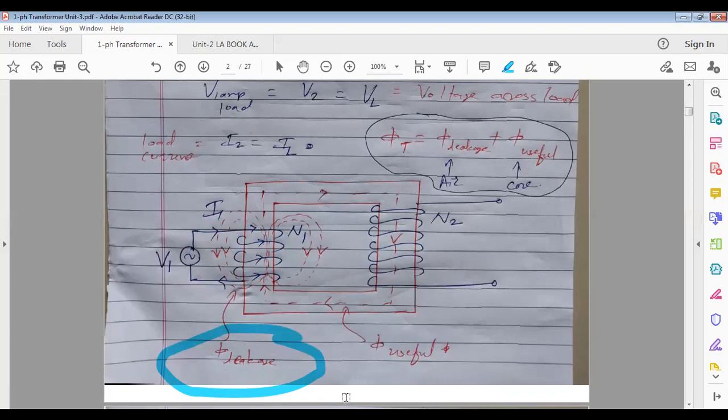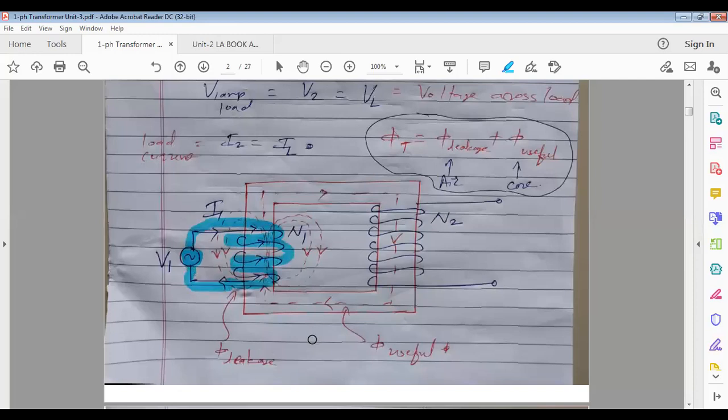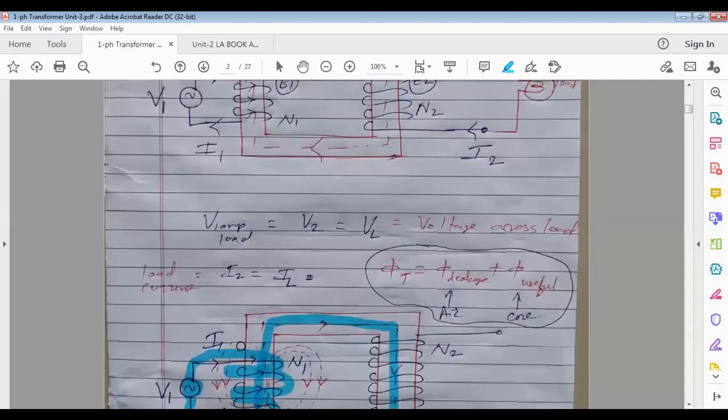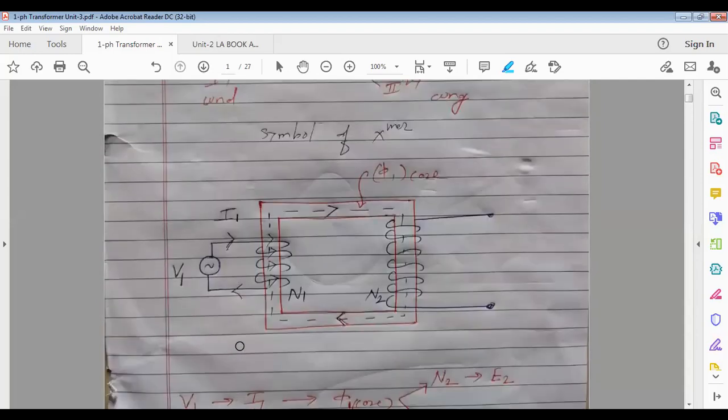So ignore it. Now consider the case where you have applied an AC voltage. AC current will flow through the primary winding. It will produce changing flux, and that changing flux is flowing through the core. Ignore the leakage flux because that is very less.